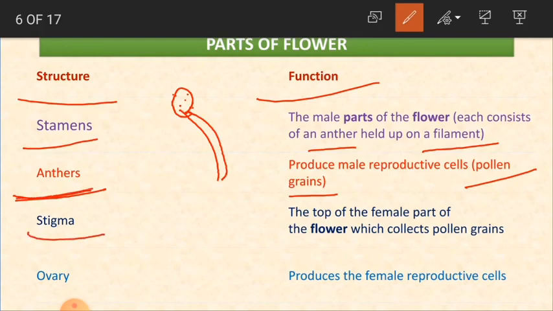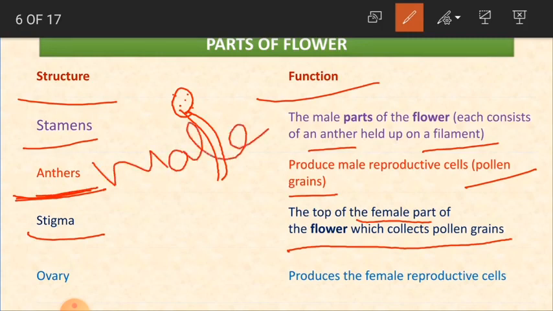And what is stigma? The top of the female part of the flower. Even stigma also has pollen grains, but this comes under the female part, whereas anthers come under the male part. Okay, ovary.